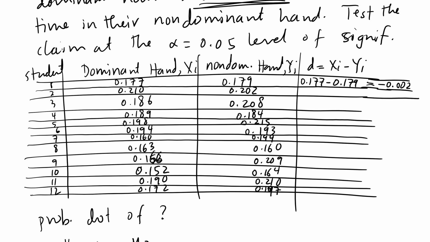0.002. The next one is 0.008. The next one is negative 0.022. The next one is 0.005.